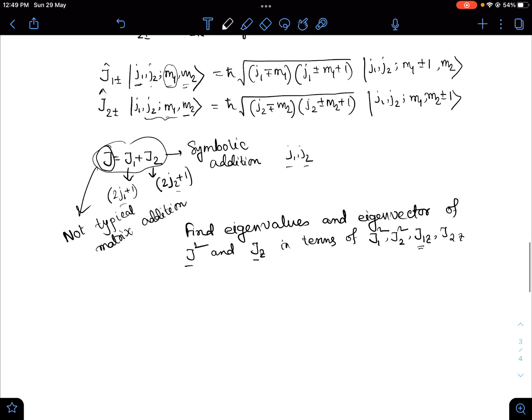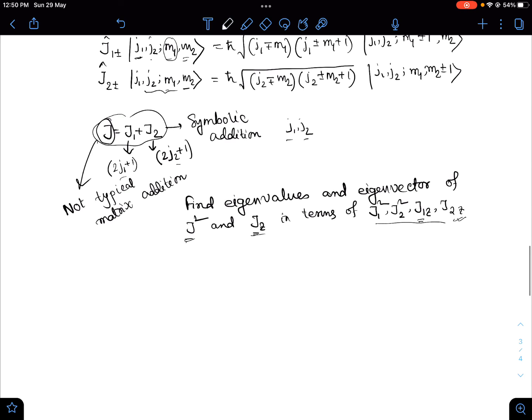There is nothing special about Jz, since earlier we assumed that J square and Jz can be simultaneously diagonalized. So that is why we are again finding the eigenvalues and eigenvectors of J square and Jz in terms of the eigenvalues and eigenvectors of these operators.